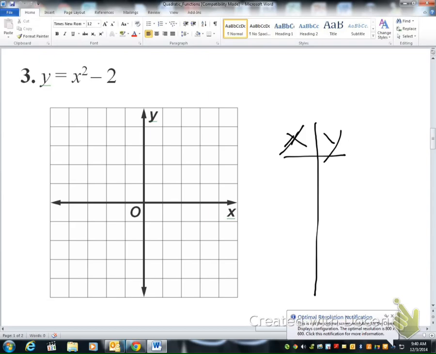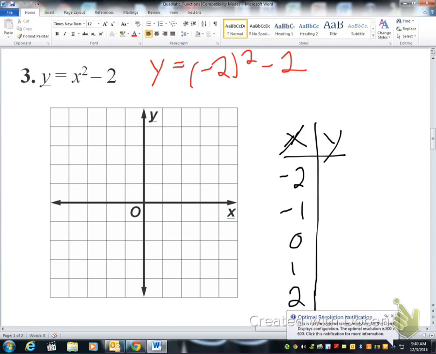But if you're doing that and you're not getting the right answers, then you may want to take the time to actually show how you're plugging in and make sure you're doing your order of operations correctly and things like that. So this one here, again, I'm going to use -2, -1, 0, 1, and 2. So if I plug into this, my first one is y equals -2 squared minus 2, right?